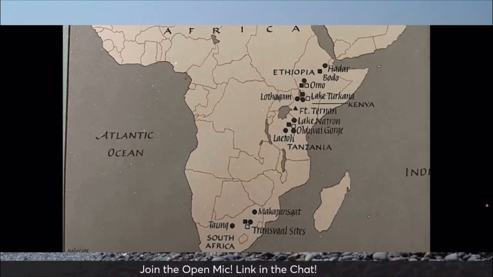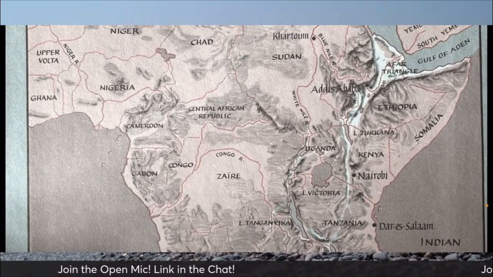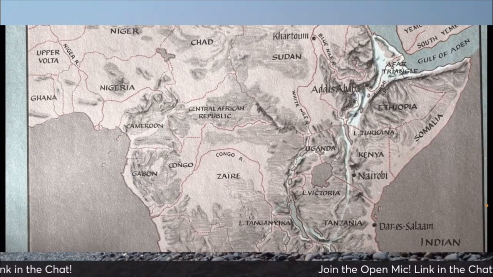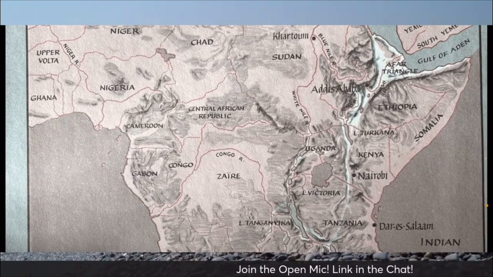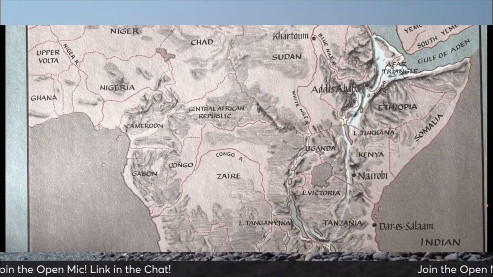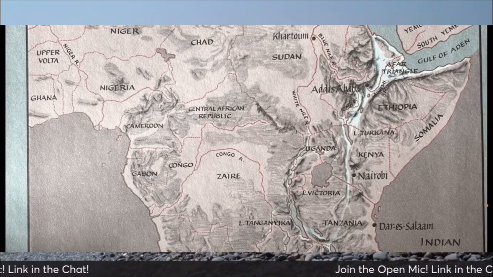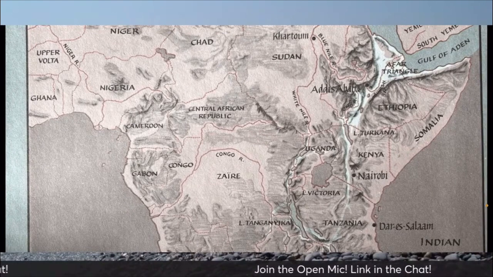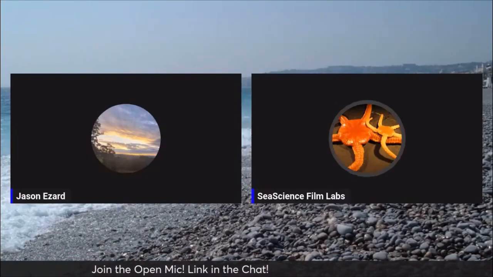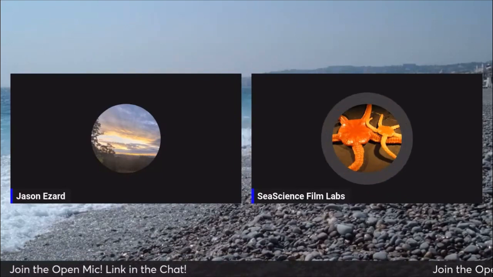So there you have the Olduvai Gorge. It's near Lake Victoria. But anyway, there it is, the Olduvai Gorge.